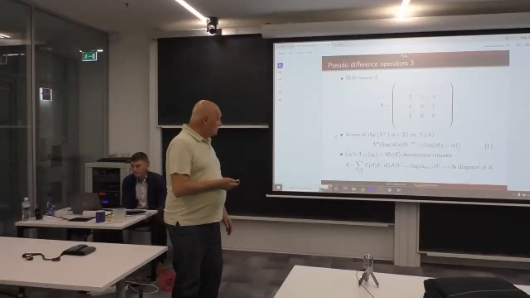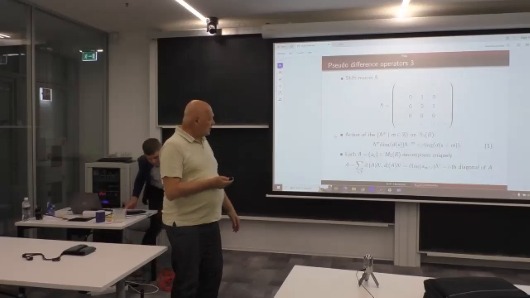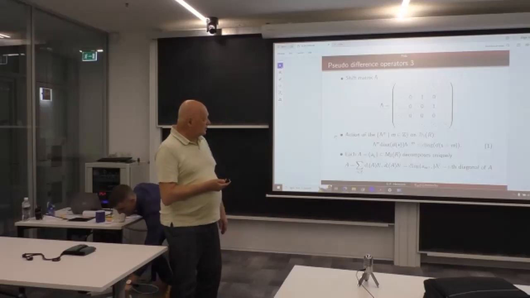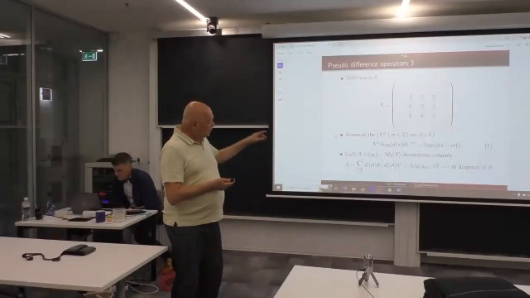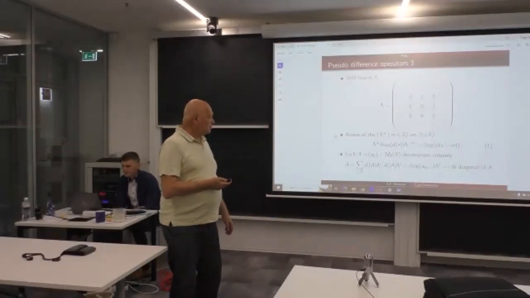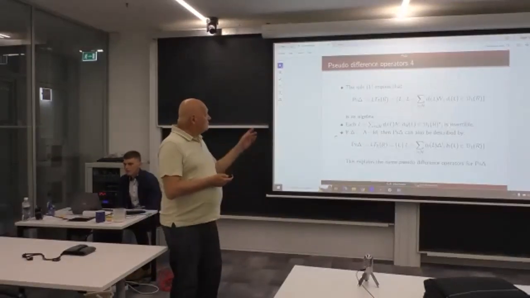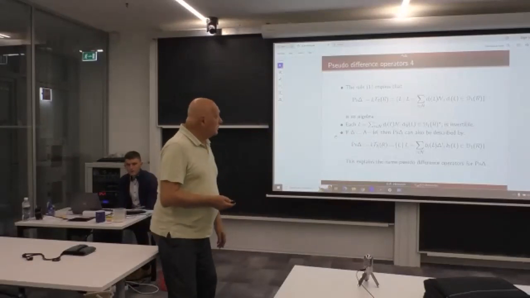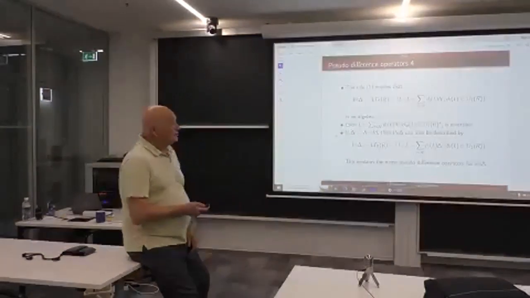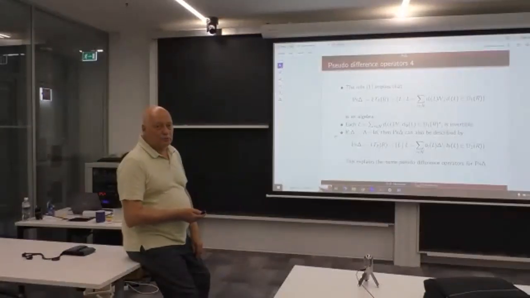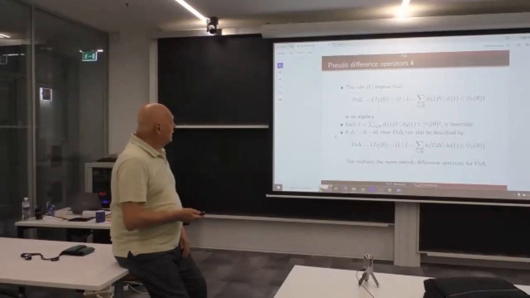The ith diagonal is lambda to the power i times a diagonal matrix, with diagonal elements as s plus i. Now we look at all elements in the Z×Z matrices that have only a finite number of positive diagonals, and that's the pseudo-difference operators.